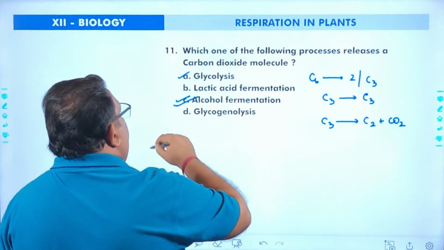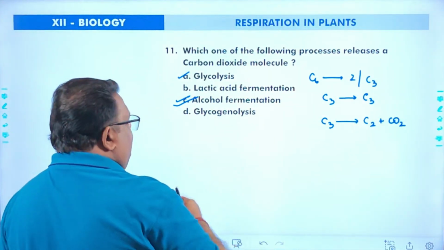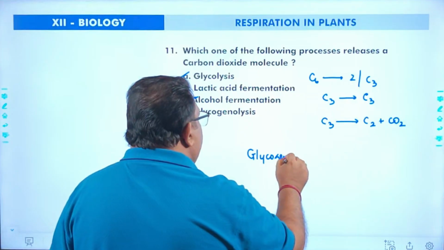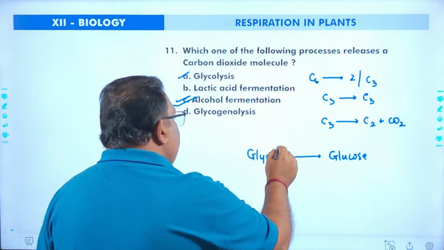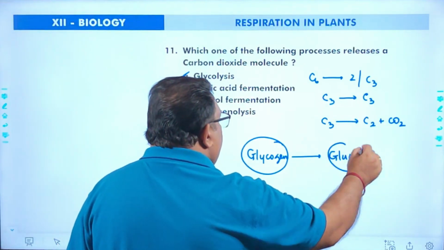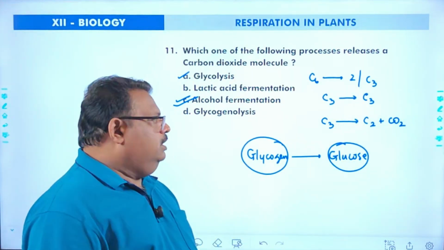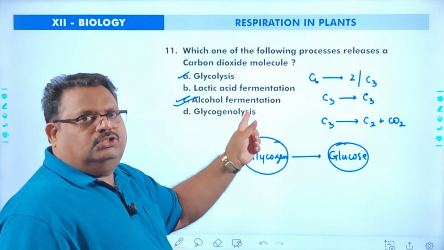So this is the correct answer. Glycogenolysis. What is glycogenolysis? It is the breakdown of glycogen into glucose. Glycogen is a macromolecule that is broken down into glucose units. In that case also, there is no carbon dioxide release. So carbon dioxide release occurs only during alcohol fermentation among these 4 choices.